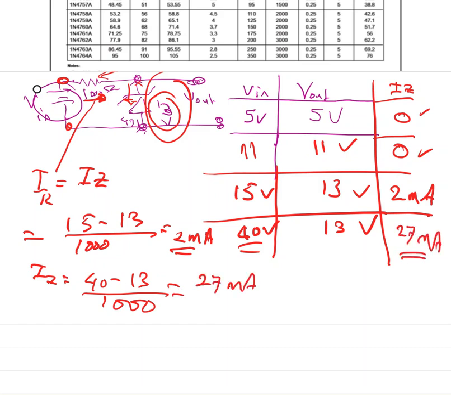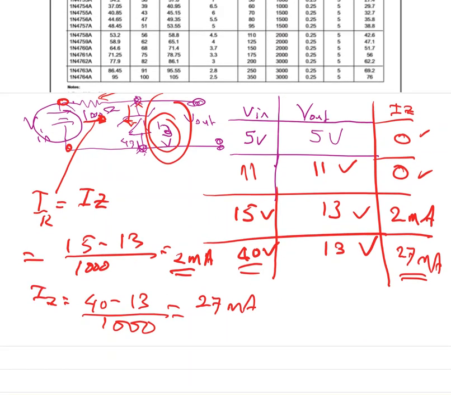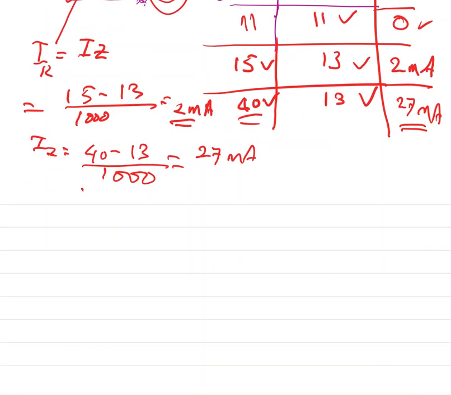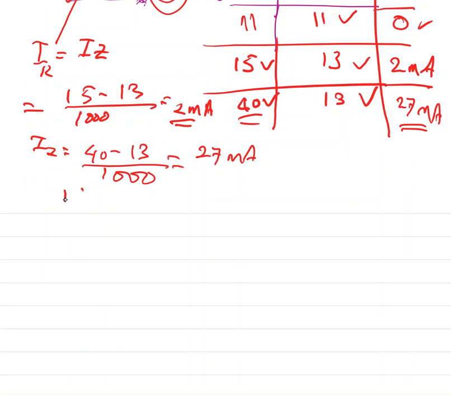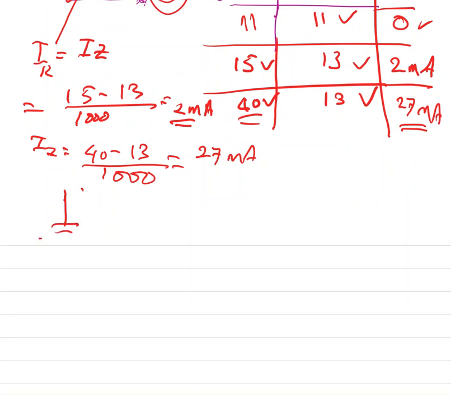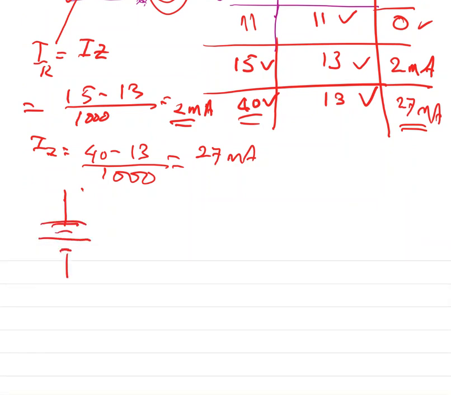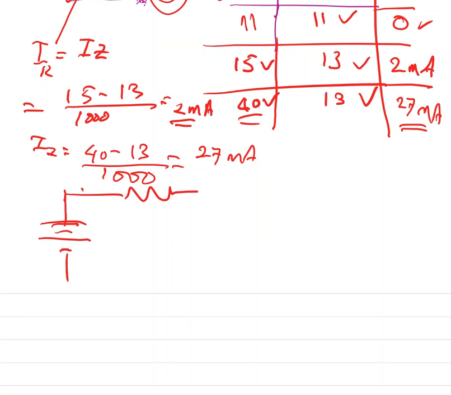So you have to be careful about this one, that current in this circuit will only depend on the situation of the Zener diode.